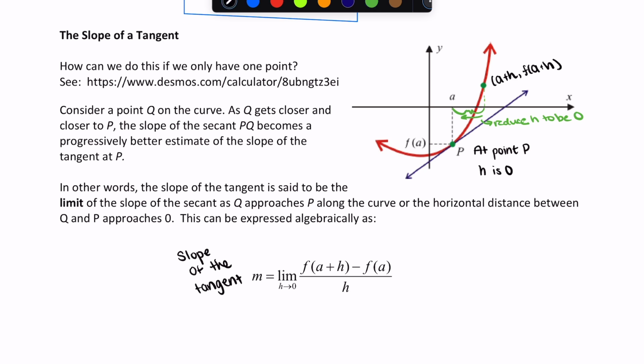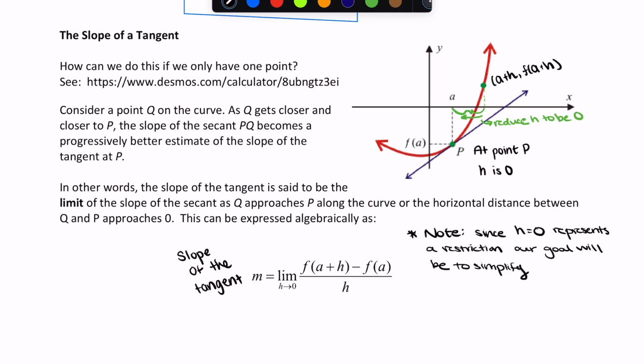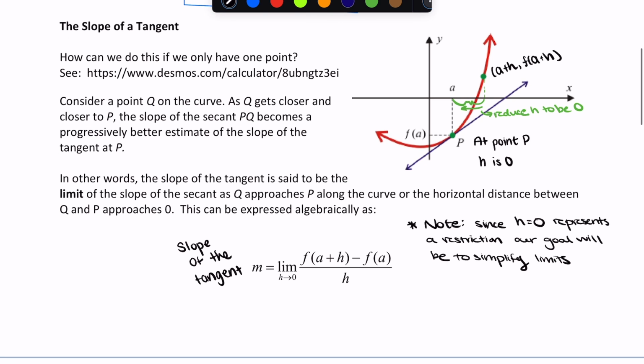And so if we notice here that h is in the denominator and h equal to 0 represents a restriction, our goal will be to simplify limits and eliminate h from the denominator.